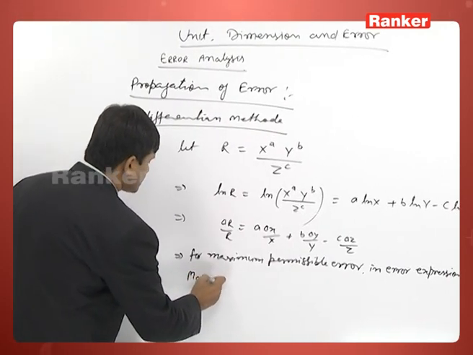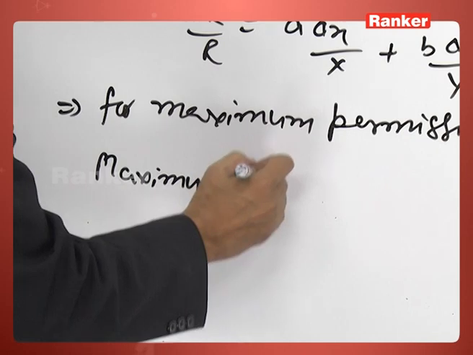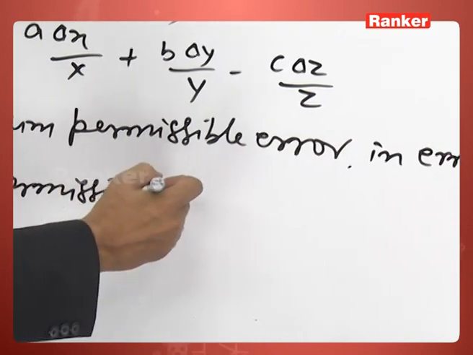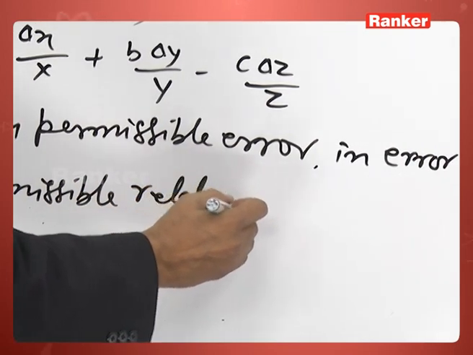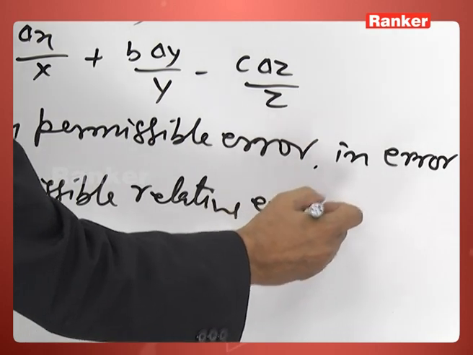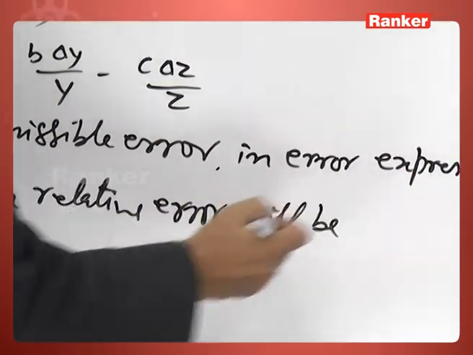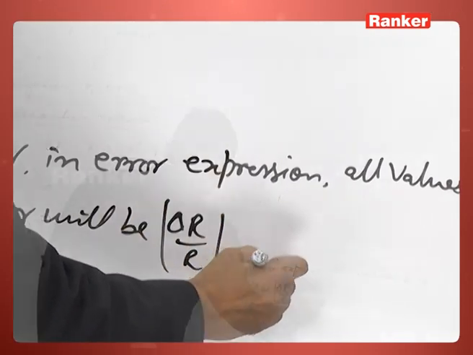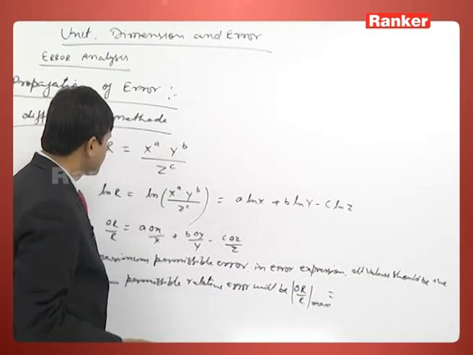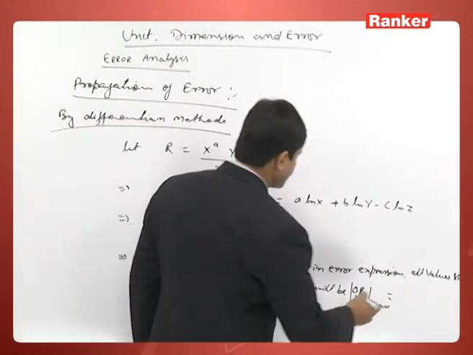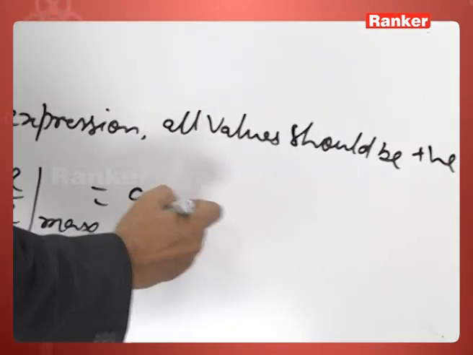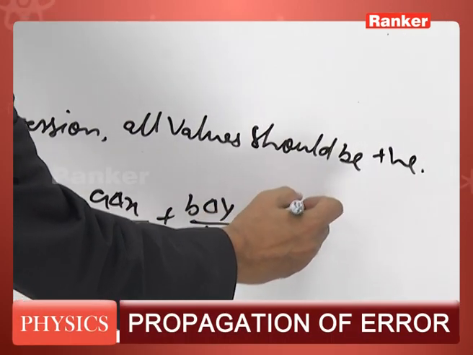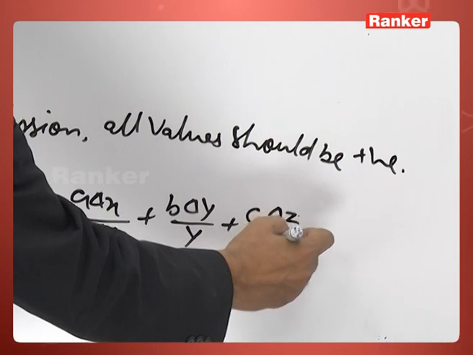So the maximum permissible relative error will be delta r by r maximum, which is equal to a delta x by x plus b delta y by y plus c delta z by z.